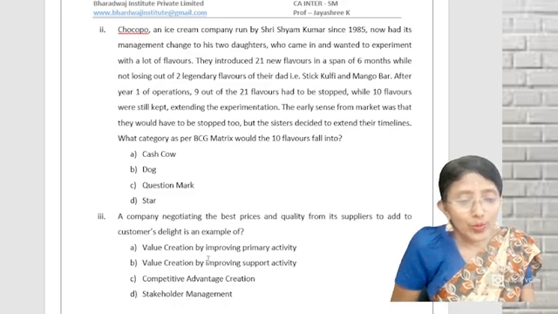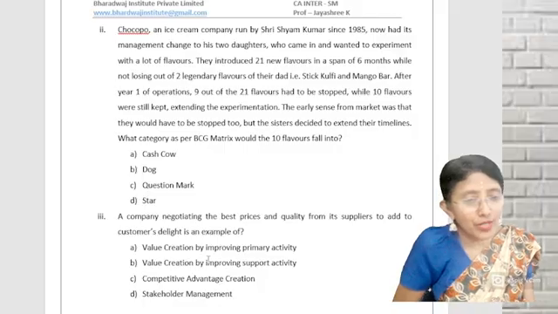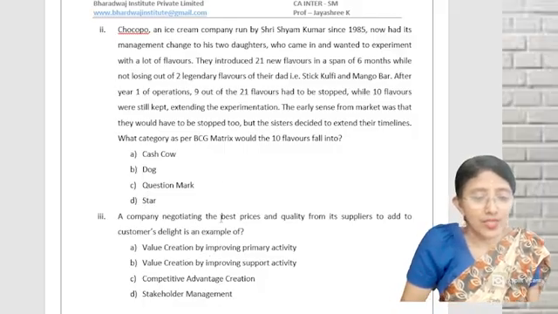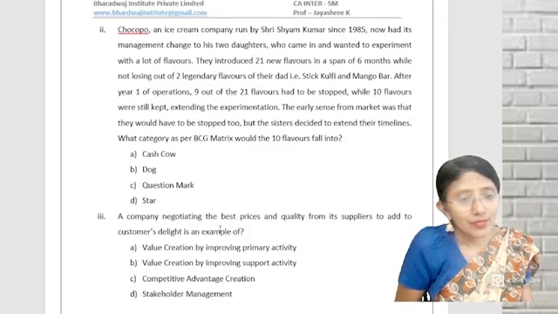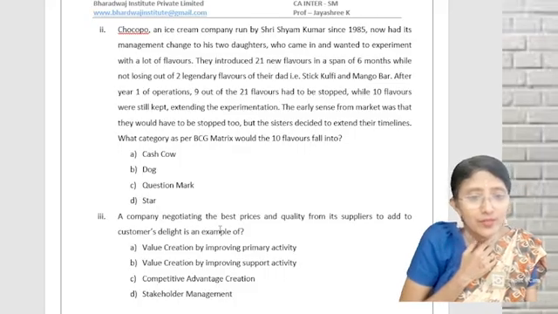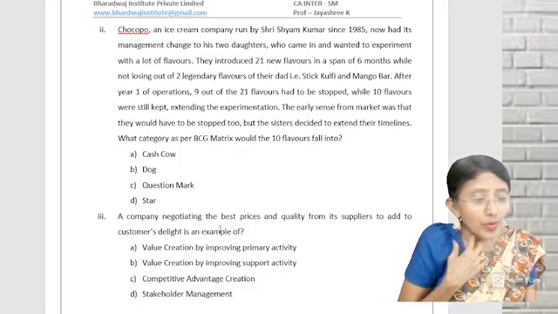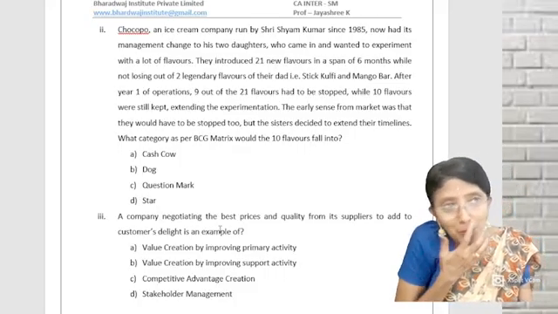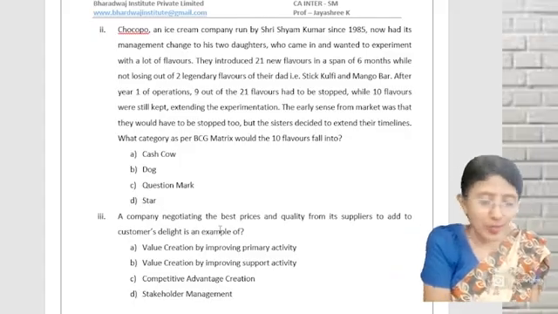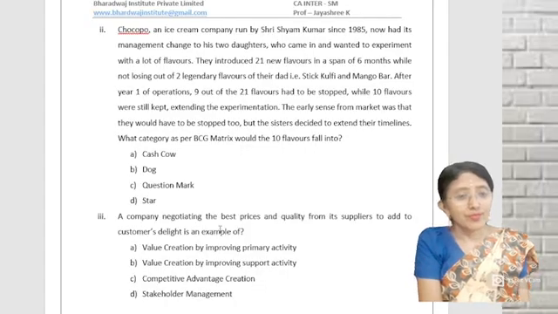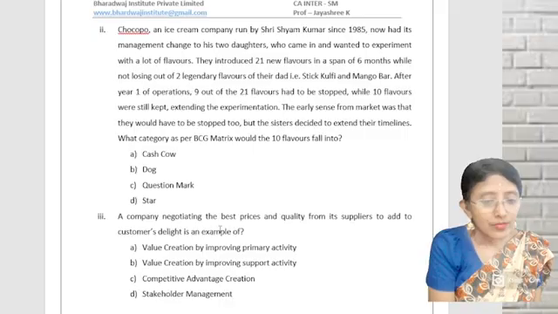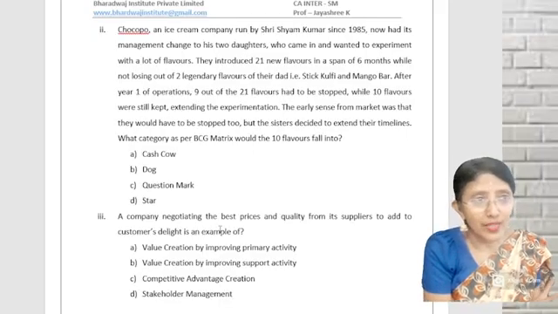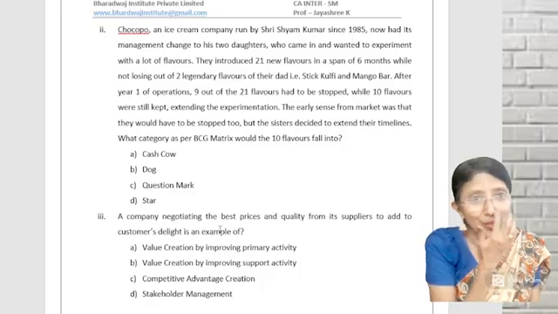Did you identify the framework from which this question is asked? That is BCG. They themselves have given BCG. No problem. Second one. The question is two lines only, but you have one framework.